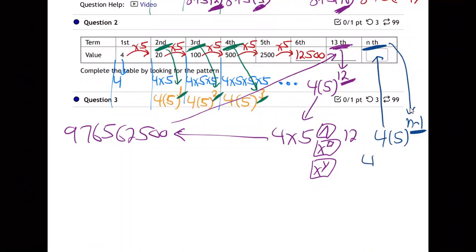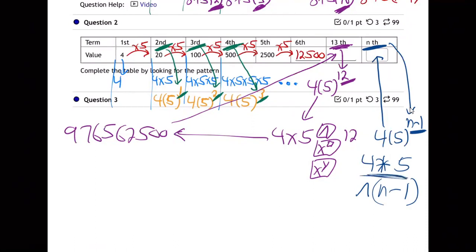How do you write that? It goes 4, and then you got to hit the times, which is like the asterisk, which is above the 8. That's a shift 8. So 4 times 5 to the power of n minus 1. You probably have to put parentheses around the n minus 1. I can't remember exactly.